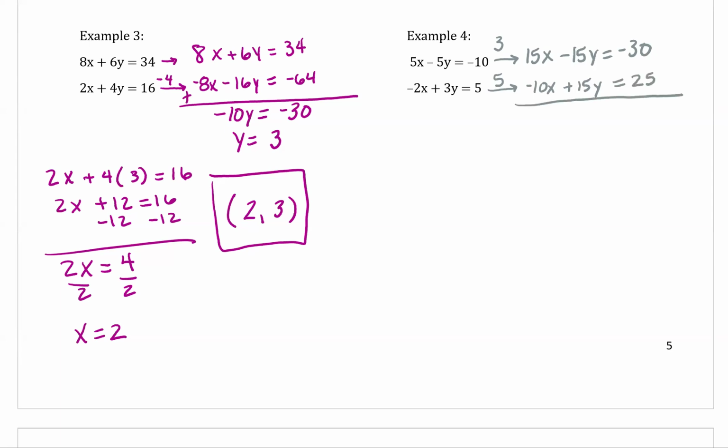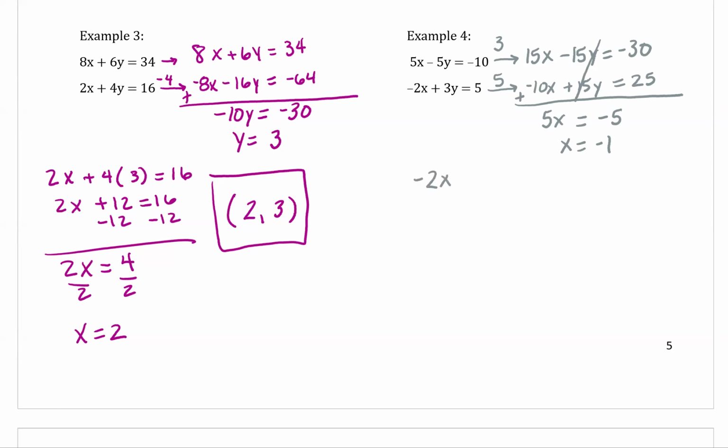I'm going to add the equations together and eliminate y. So 5x is equal to -5. Divide both sides by 5, x is equal to -1. Substitute in -1 for x in one of the original equations.